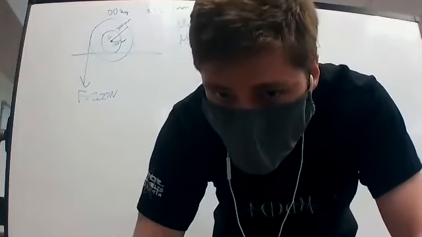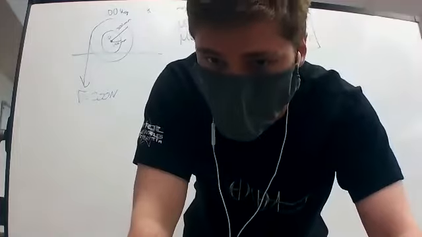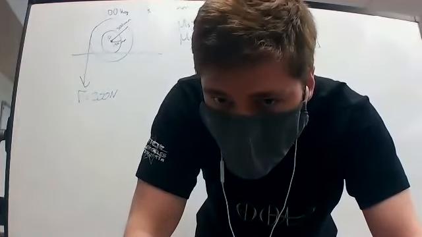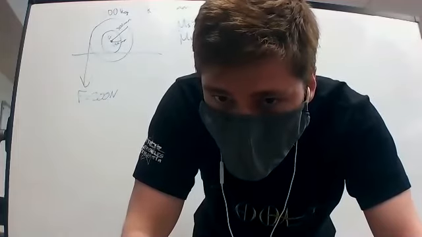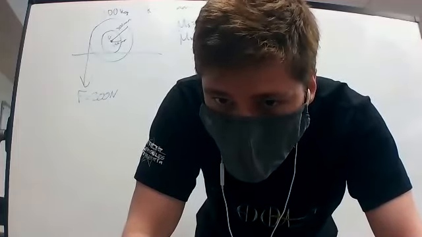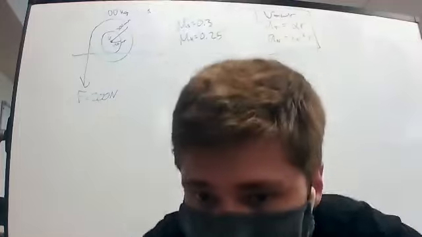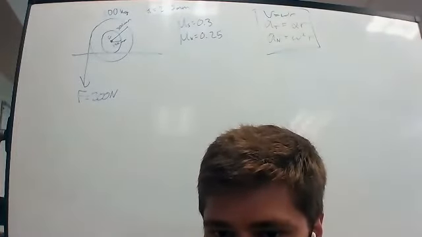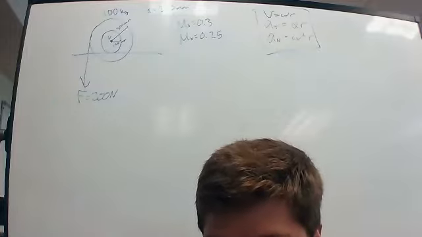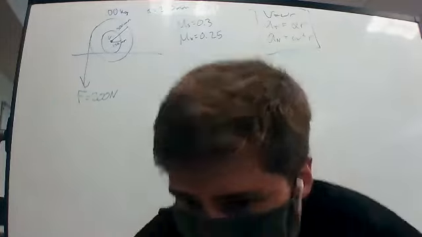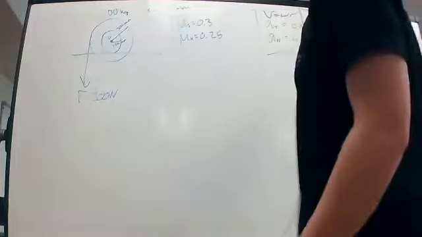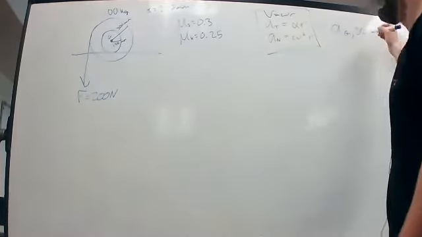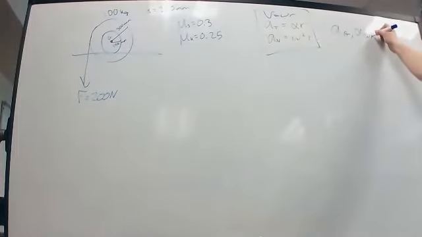If you assume a no-slip wheel, you must verify your assumption. So we are asked to find, what are we asked to find? Determine the acceleration of G and the angular acceleration of the spool. Okay, so we are asked to find AG and alpha of the wheel.